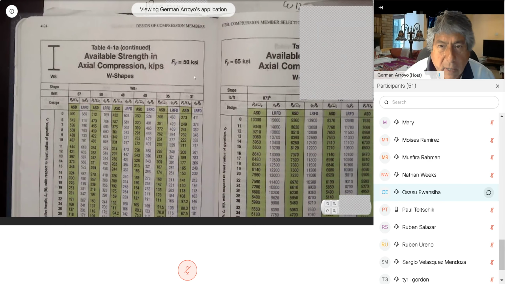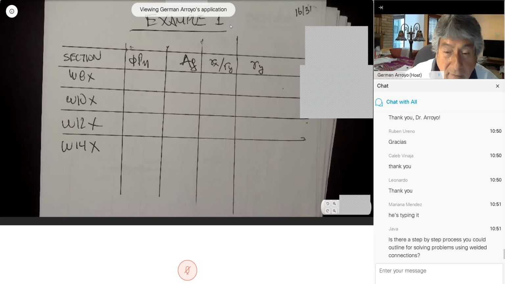So I try to put as much information as I can, like I did for the eccentric weld connection. Any problem in engineering in general is an open-ended problem where you have the information given to you, and based on that information, if they give me the service load, I need to compute the factored load.